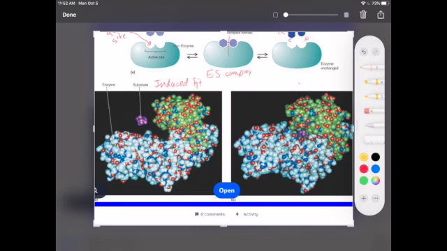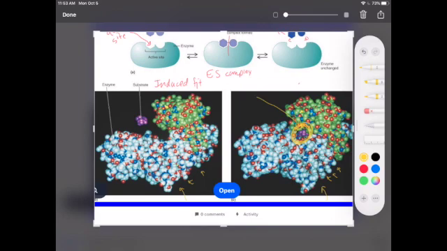Now take a look at what's going on and how this looks down here. When the substrate is bound in here at the active site, can you all see that right there, how it's bound? Look down here again. I see like little 1, 2, 3 balls here, but I only see 1, 2 balls here.